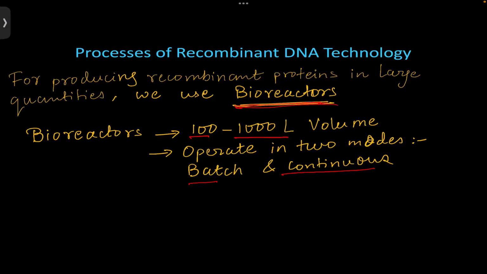Because of this, there is a continuous circulation of fresh medium for the cells and removal of waste products, and you are continuously removing the recombinant protein from the cells. Usually, cells are sensitive to the concentration of the proteins. So in those cases, a continuous mode of operation would be beneficial.